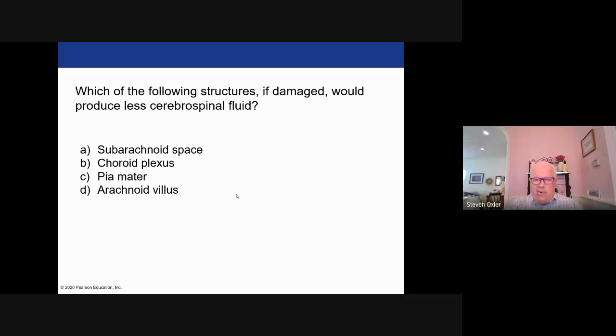B, the choroid plexus. Okay? Now, let's focus on the other three answers. Where does it flow? Out of those three answers that are left, where is the cerebral spinal fluid?